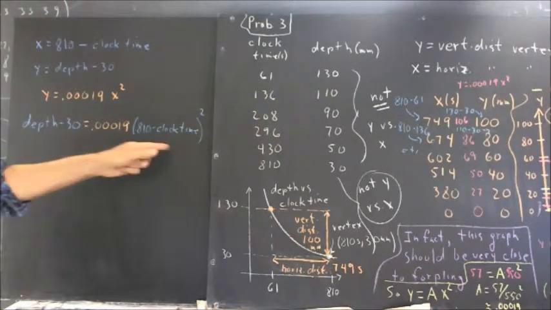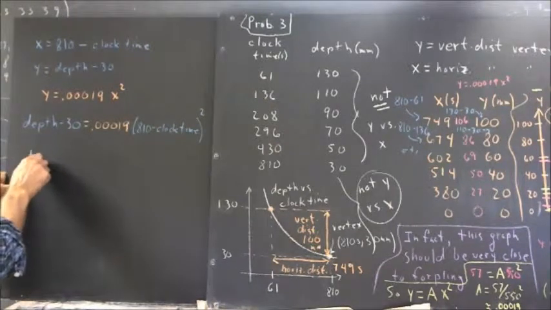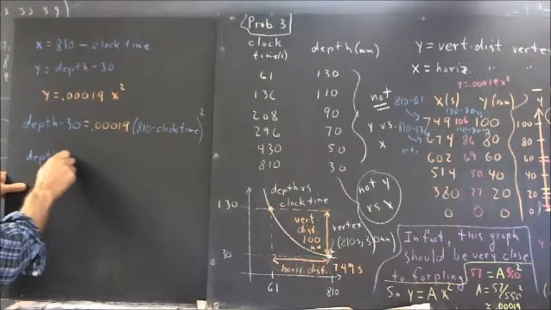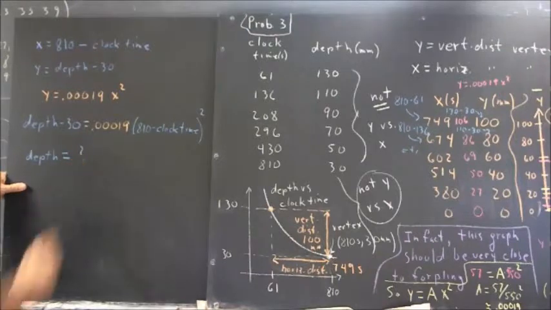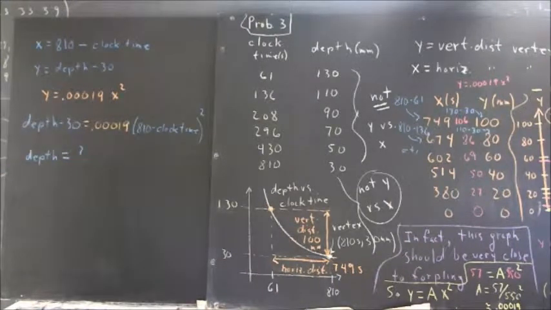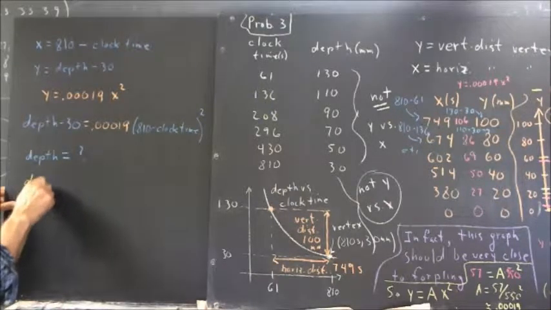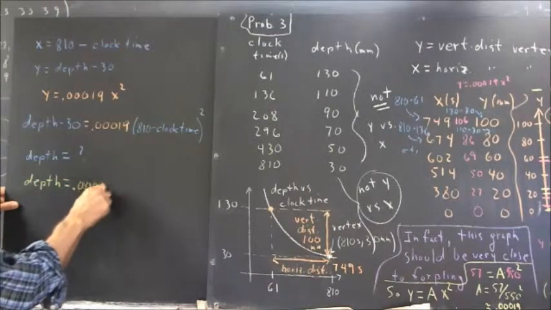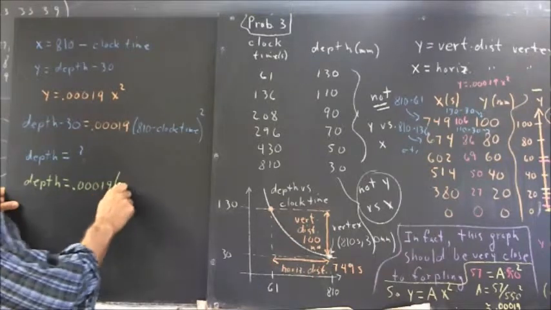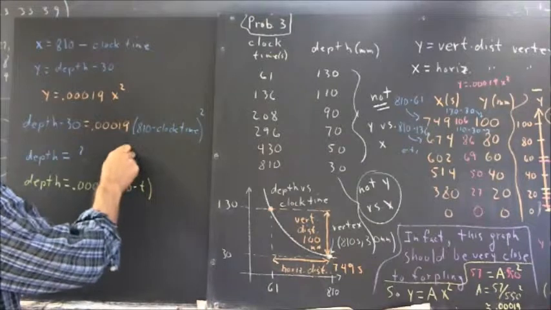So we simply solve this for depth, and we obtain depth equals what? Think it through yourself. And I'm going to write it down. Well, depth is going to equal 0.00019 times 810. Now I'm going to use T for clock time.